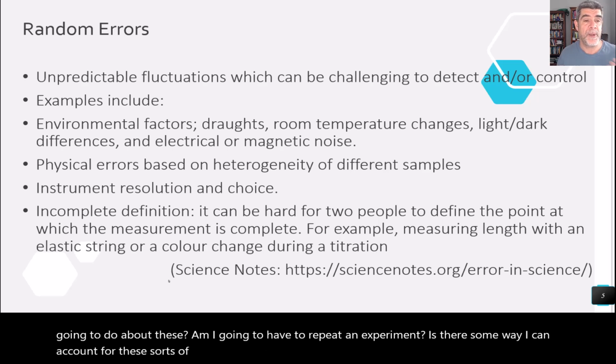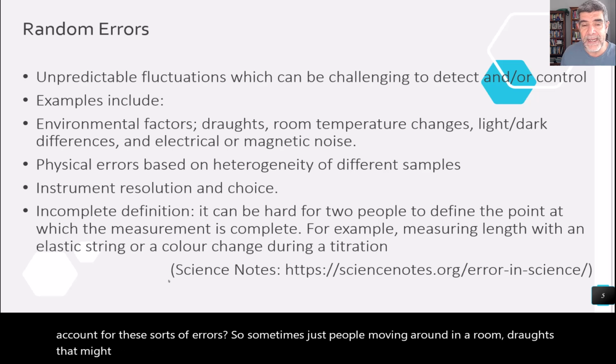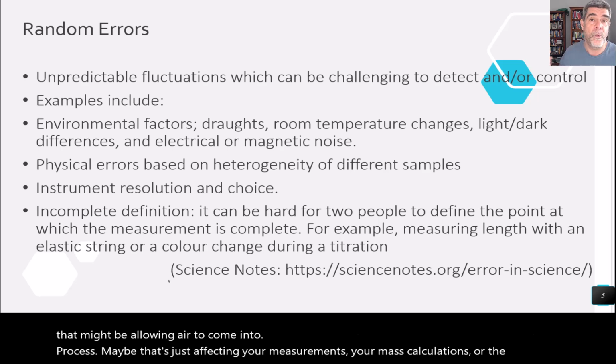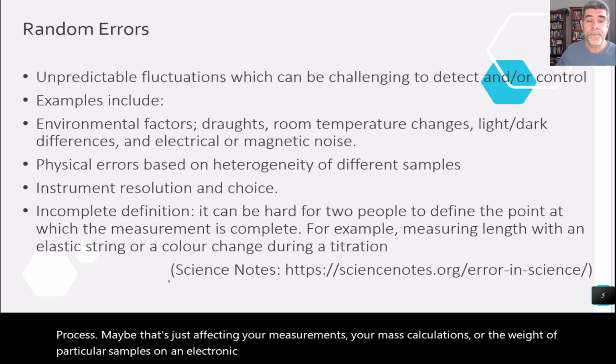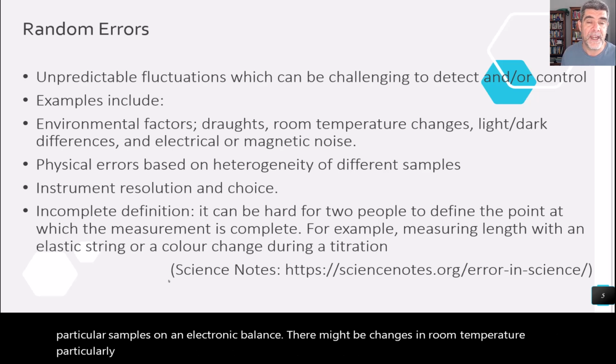So sometimes just people moving around in a room, drafts that might be allowing air to come into a process. Maybe that's just affecting your measurements, your weight of particular samples on an electronic balance. There might be changes in room temperature, particularly if you're looking at carrying out an experiment over several months, for example. Light and dark differences.